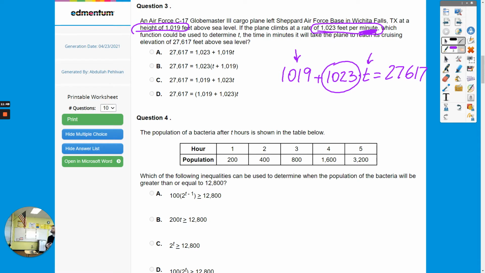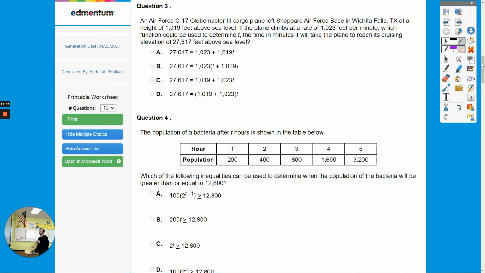So that's the equation I need, which would be this right here. And to solve this, we are going to subtract 1019 from each side and then divide each side by 1023 to get the t all by itself. And I'm assuming that you guys know how to solve an equation at this point.